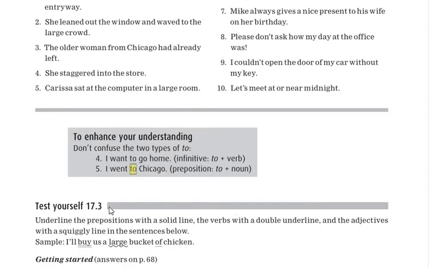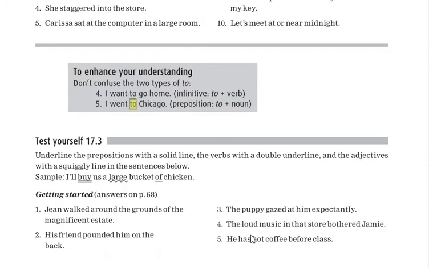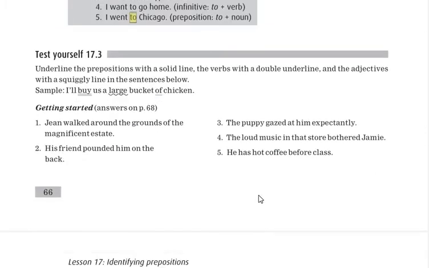Again, 17.3 is there. You have to underline the preposition with a solid line, the verb with a double line, and adjectives with a squiggly line. This is the other reason this book is good: it is not covering only the topic that we are doing now, but also the topics that we did earlier.